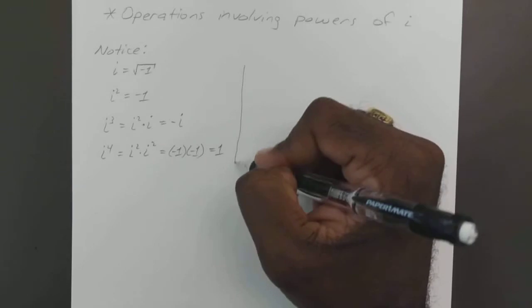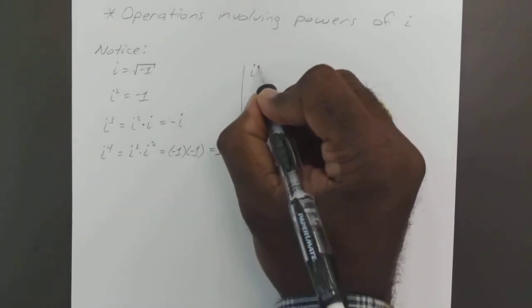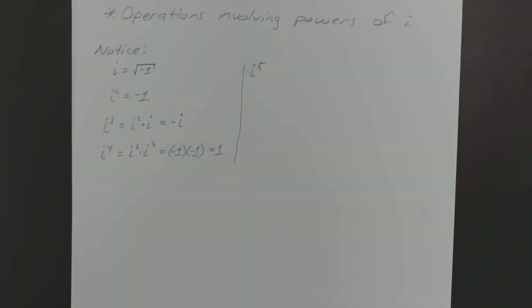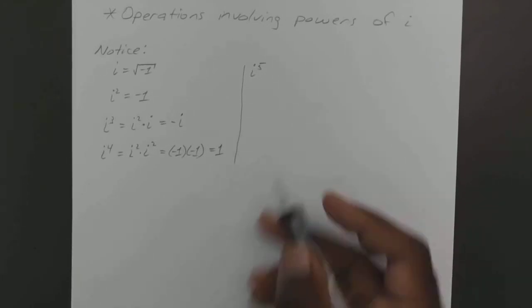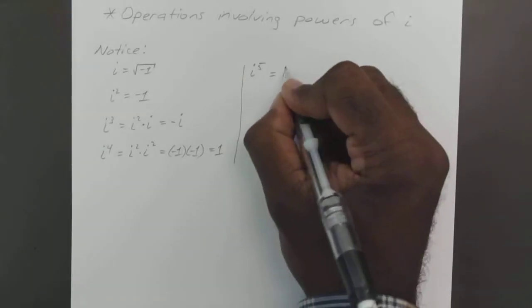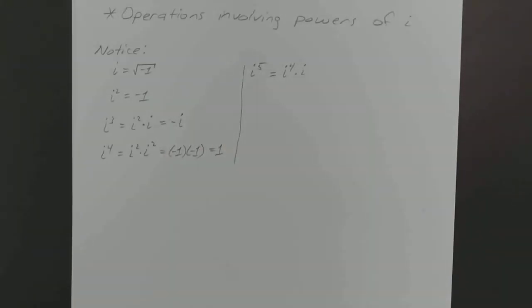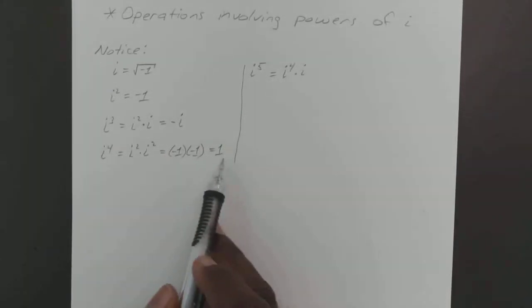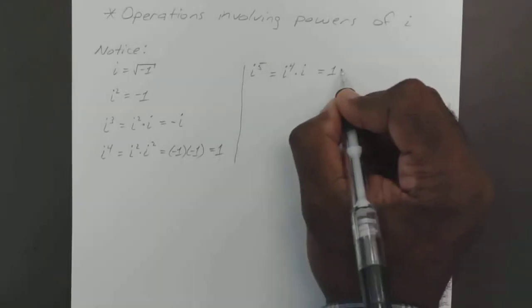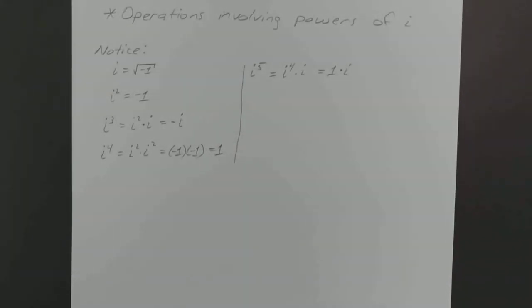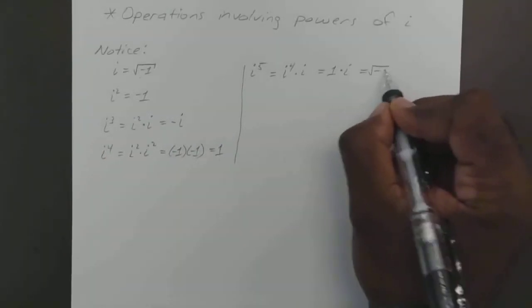Okay. So what if we started up here and go for I to the fifth power? I to the fifth power, we can rewrite that as I to the fourth power times I. I to the fourth power, we already figured out that was just 1. That's just 1 times I. And we know I is square root of -1.